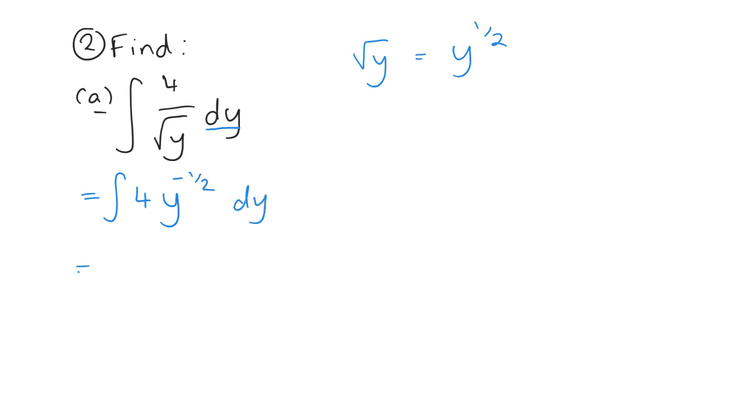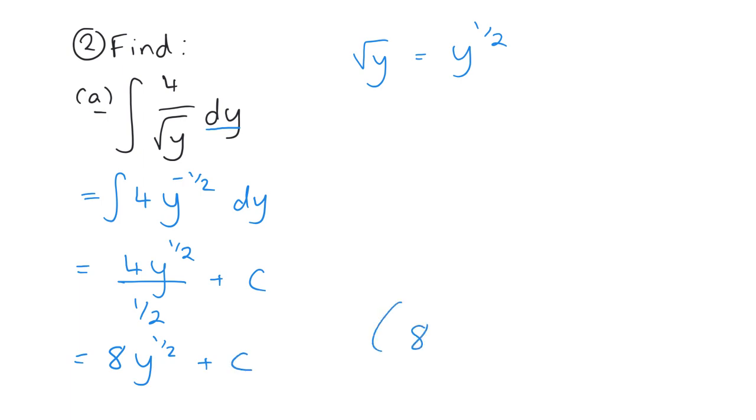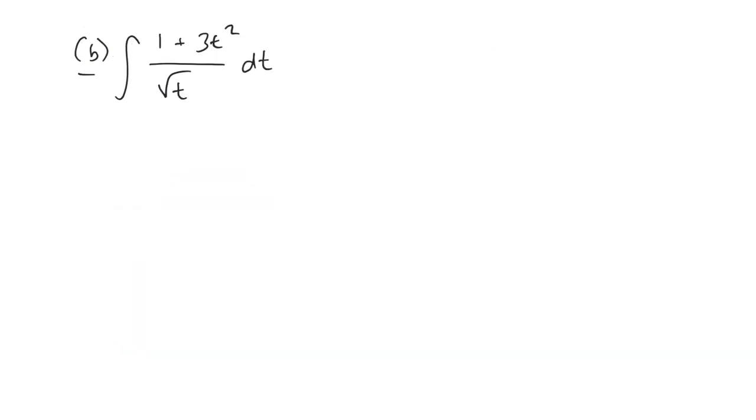And that's what we're integrating. So add 1 to the index and then divide by the new index. And tidying that up, we'll get 8y to the half plus c, or you could write it as 8 root y plus c.